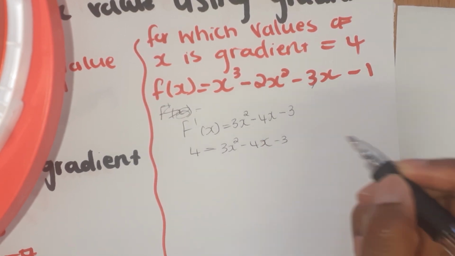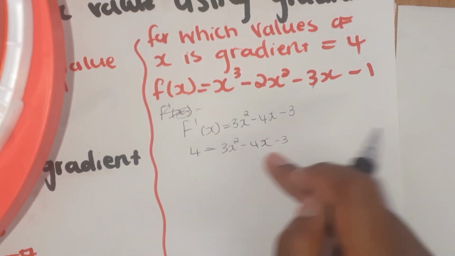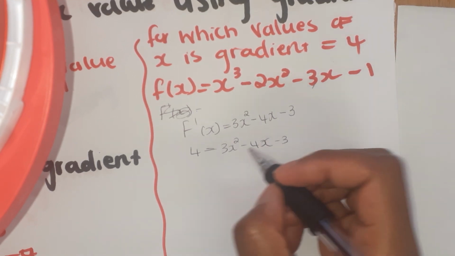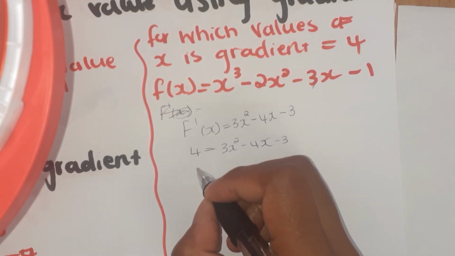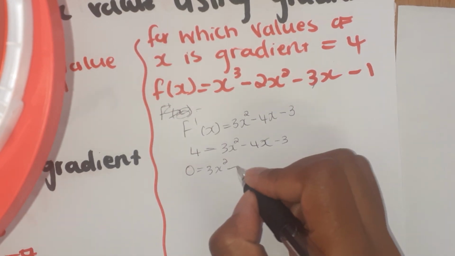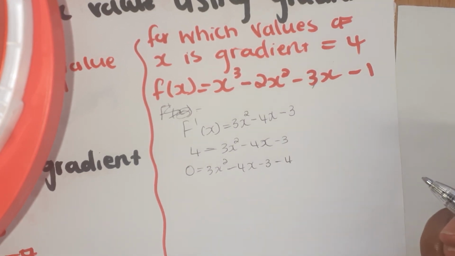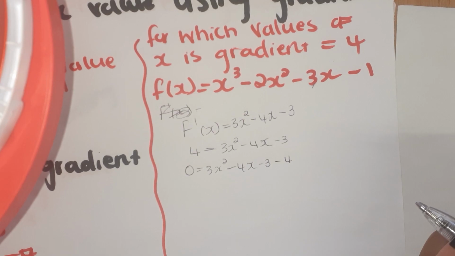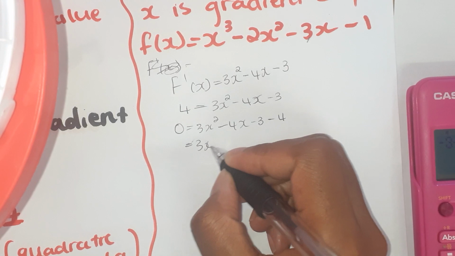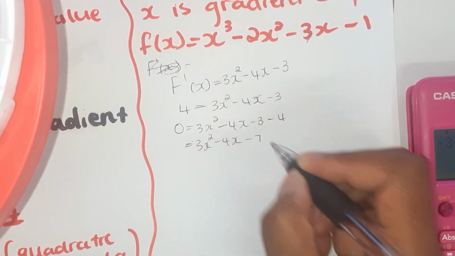Remember these steps clearly, that you have to derive first, so that you can equate this properly. So we have 3x squared, this will be 0, we are taking it to that side, minus 4x minus 3 minus 4. So the next step here is to combine: 3x squared minus 4x, negative 3 minus 4, that is negative 7.